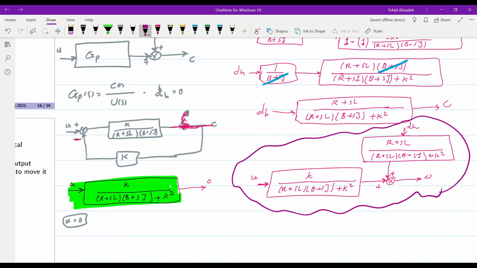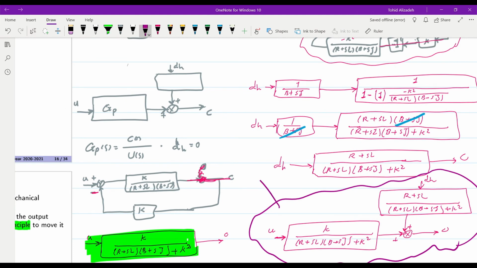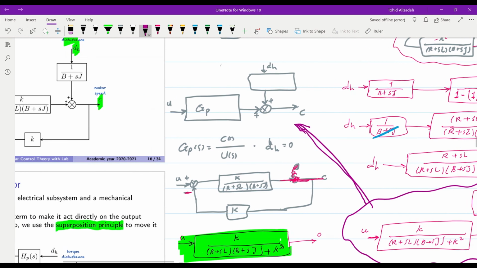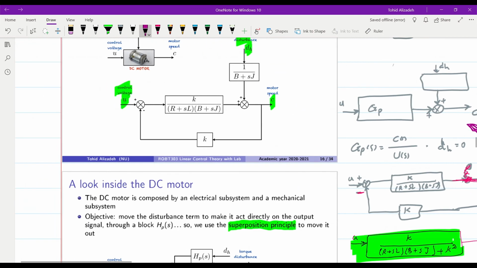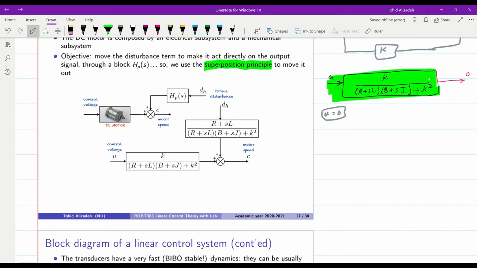Okay, and now we can see that it is in the form that we were looking for. So if you compare it with what I already have drawn here, you can see that it is indeed fitting that standard form that we are looking for. Okay, so therefore this will be the form in which we are interested, and we obtain this by considering the superposition principle.